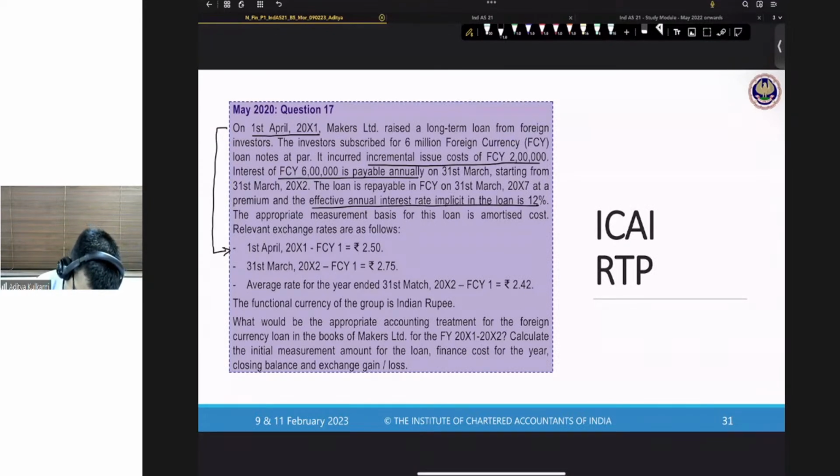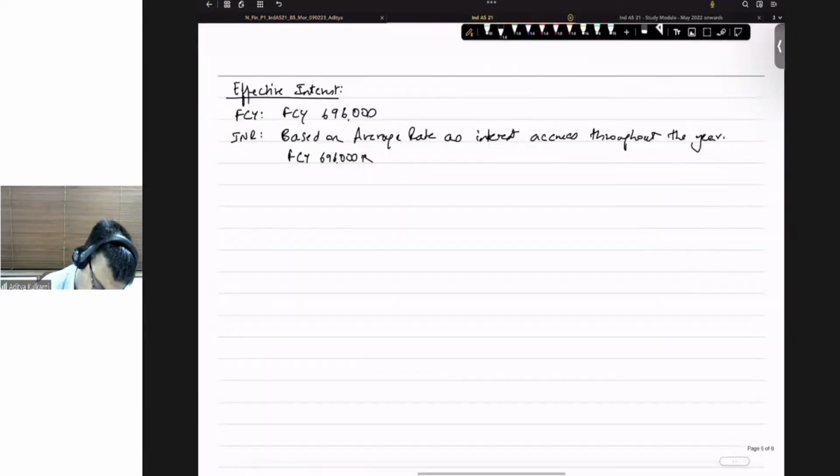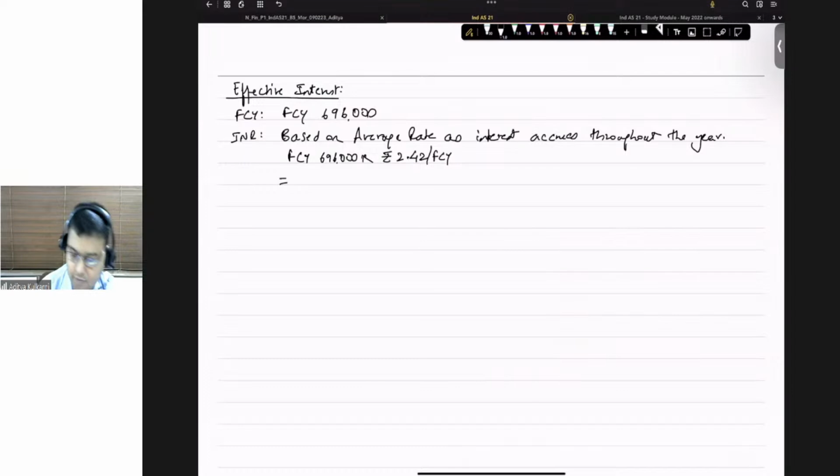Average rate for the year ended 31st March X2 is 2.42. So into rupees, 2.42 per foreign currency. 6,96,000 into 2.42. This comes to how much? 16,84,320.